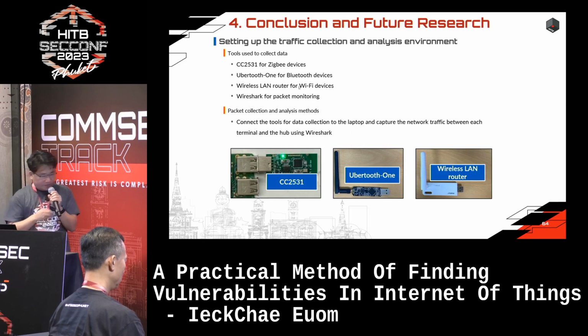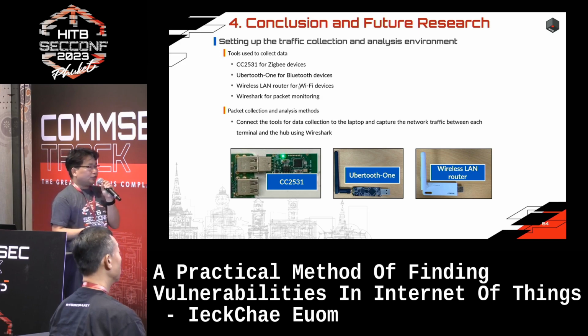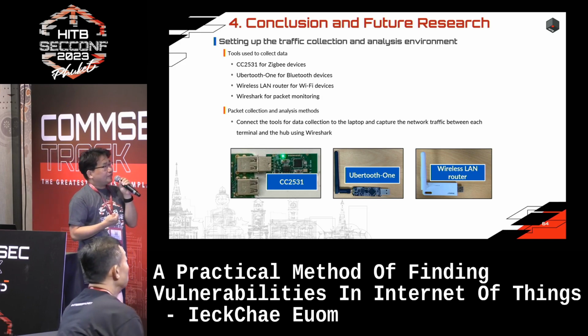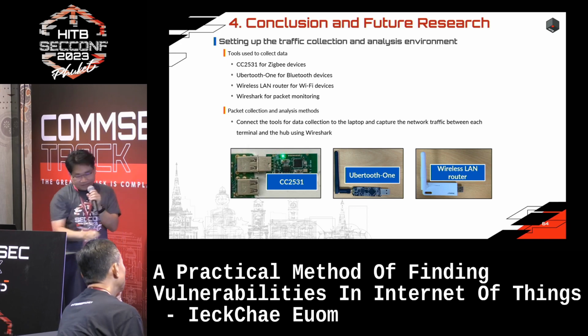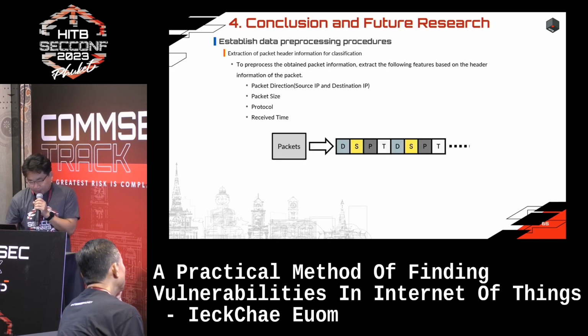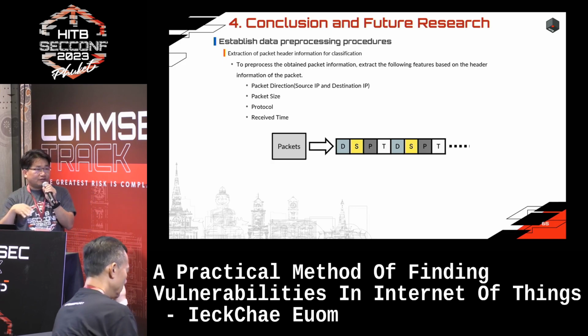As you see, Samsung or Xiaomi use NFC communication, like Bluetooth or Zigbee. So we can collect this NFC data from these devices, and then we can classify these packets into flows.